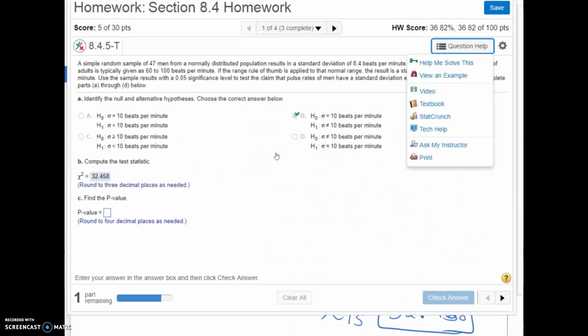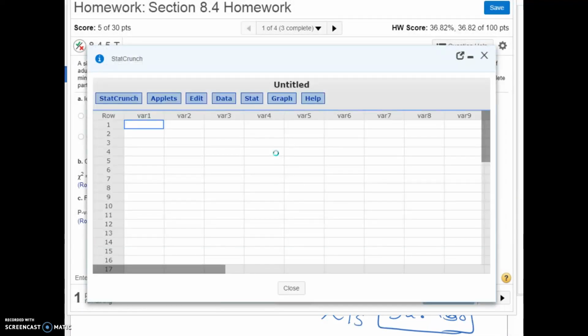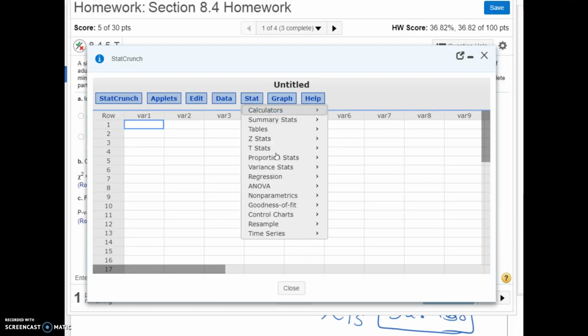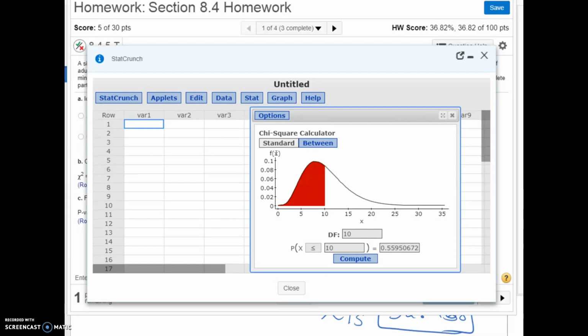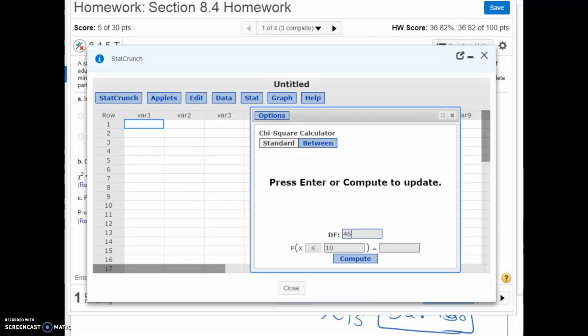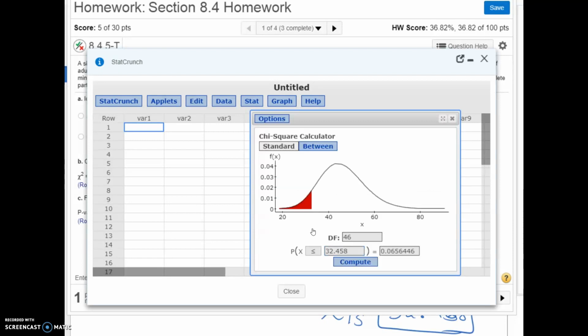So when you go to StatCrunch, you're going to do Stat, Calculators, Chi-squared. My degrees of freedom are n minus 1, so 46, and then less than, I put my test statistic there and press compute.